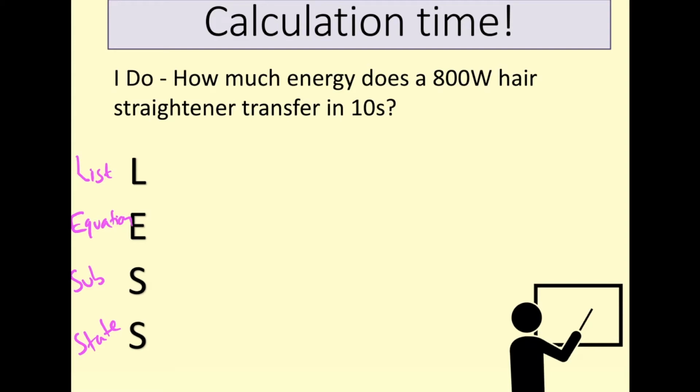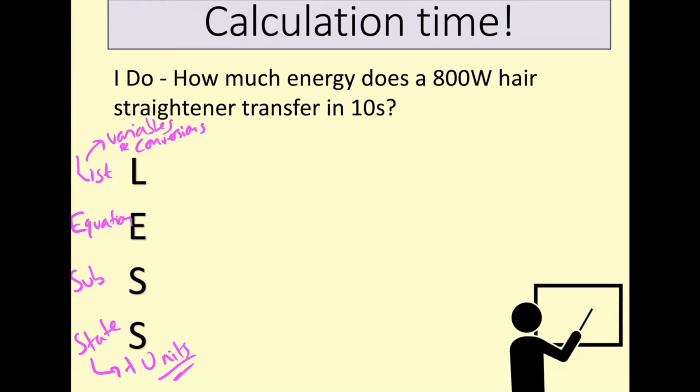So with our list, this is our variables, but also doing any conversions of our units that we need in order for it to go into that equation that we've written down. And then when we are stating our answer, we must include our units in our answer.